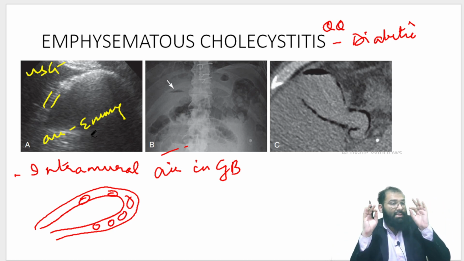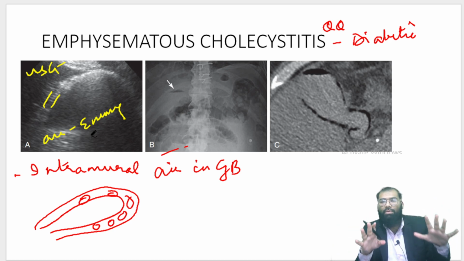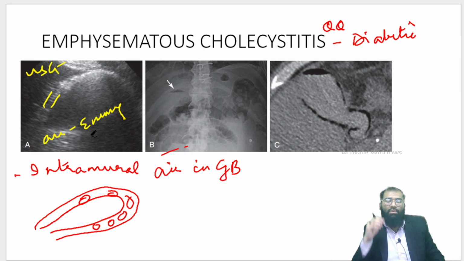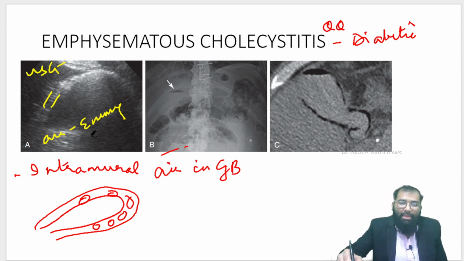Now mind well, this statement will help you answer many questions about the investigation of choice. Wherever there is pneumoperitoneum, the investigation of choice cannot be ultrasound because air is the enemy of ultrasound. So to diagnose minimal pneumoperitoneum, the investigation of choice would be CT scan, and not ultrasound.